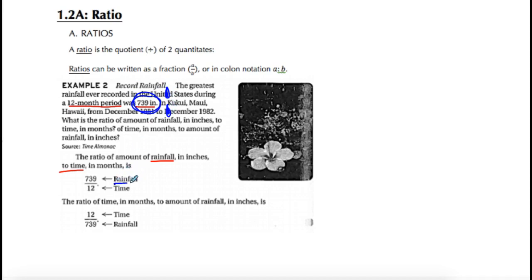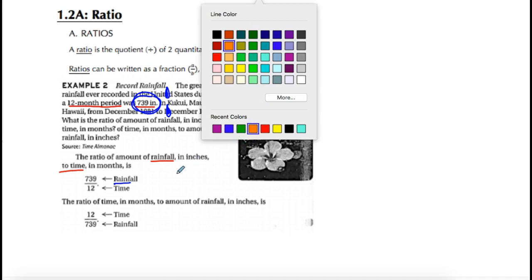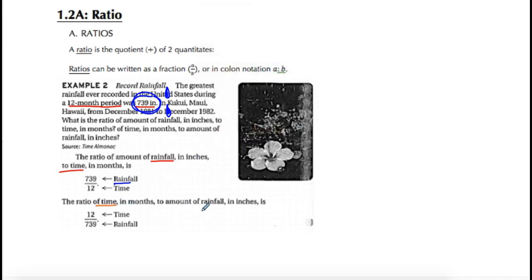So we have rain, la lluvia, 739, and months. We have 12 months. So we can write a ratio of rain to time, 739 over 12. If we pay really close attention, we have rainfall, then time. Since this is first, it goes on top. Since this is second, it goes on the bottom.